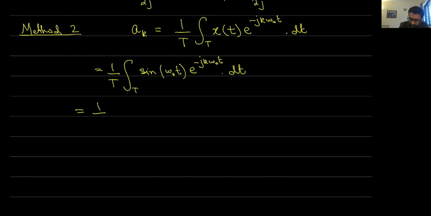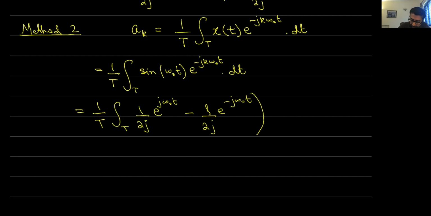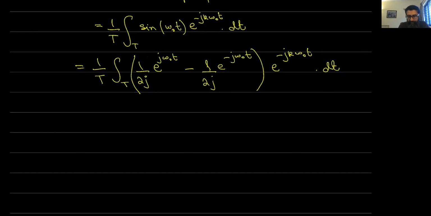So 1 upon T integral over 1 time period T of 1 upon 2j e raised to power j omega naught t minus 1 upon 2j e raised to power minus j omega naught t, which is the sine signal, times e raised to power minus j k omega naught t dt.